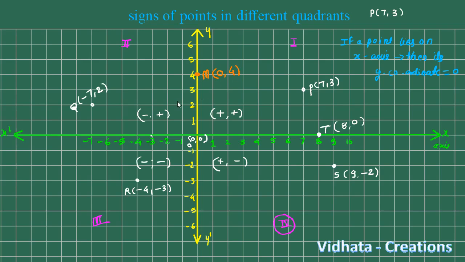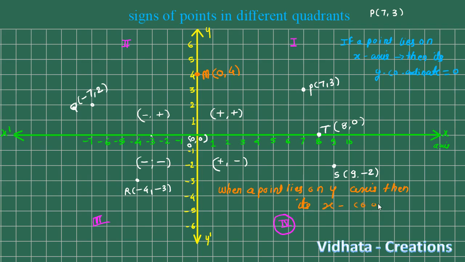Okay. What is your conclusion? If the point lies on the y-axis itself, then your conclusion is: when a point lies on the y-axis, its x coordinate is 0.